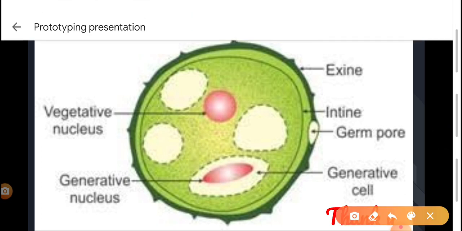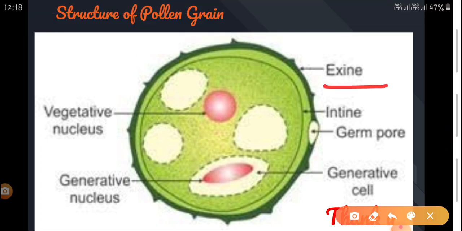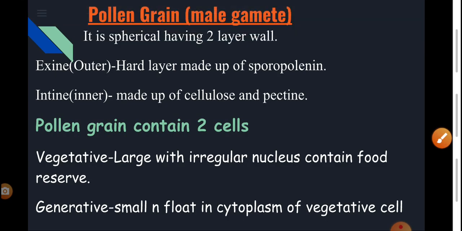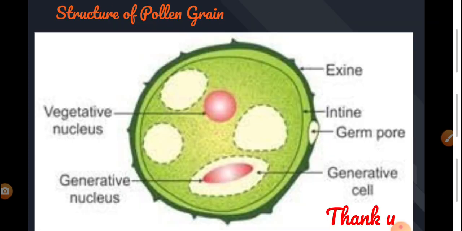The outer layer is known as exine and the inner layer is known as intine. The exine is hard in nature and is made up of sporopollenin, and the intine is made up of cellulose and pectin. The pollen grain has 2 cells. One is called the vegetative cell, another is known as the generative cell.